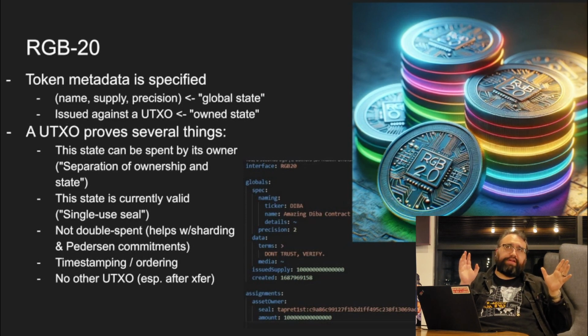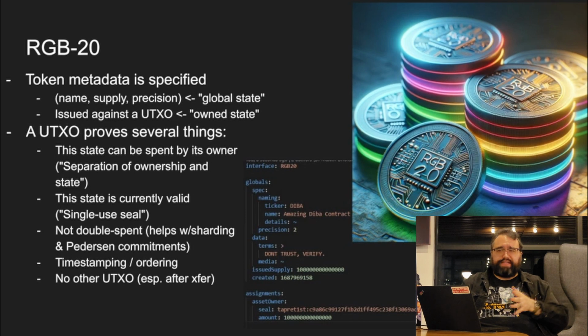RGB22 is for decentralized or digital identity, and we won't be getting into that yet, but there's quite a few other contract standards that we've come up with to potentially provide utility to those who might need that kind of functionality, I suppose.